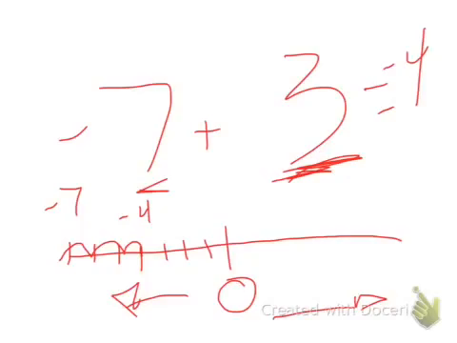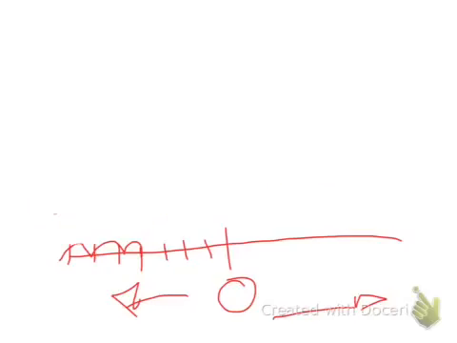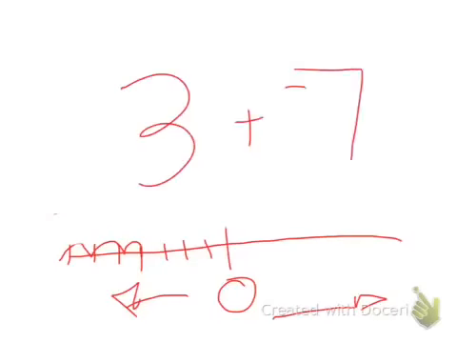What if you turn it around? What if we flip that around and we had 3 plus -7? Well, that would mean we would have started at 3 right here, and we would have added a -7. Adding a negative is the same as subtracting.